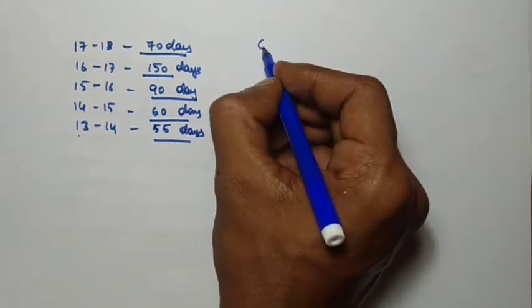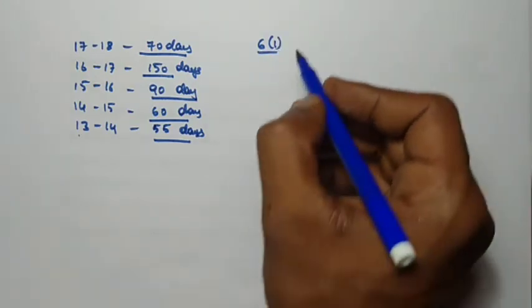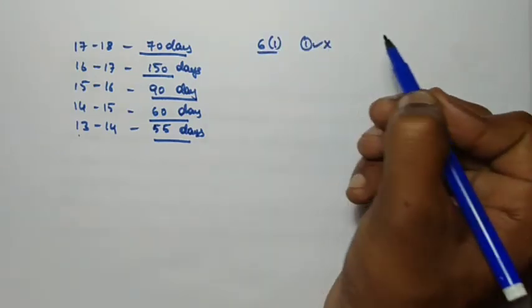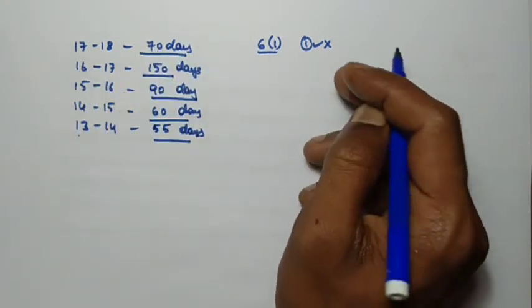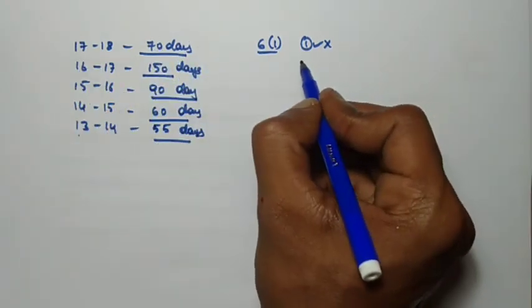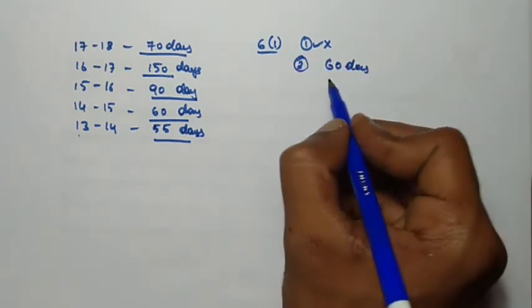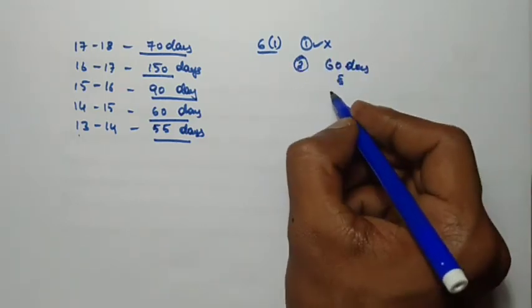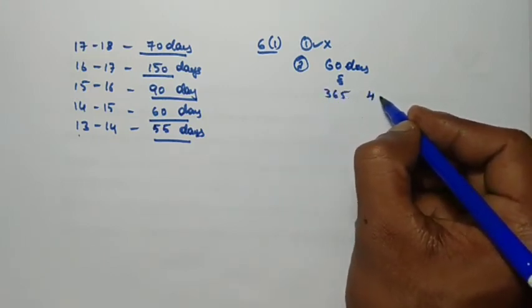Under section 6, subsection 1, the first condition cannot be satisfied because he stays only for 70 days. We should check the second condition, that is 60 days in the relevant previous year and 365 days in the preceding 4 years.